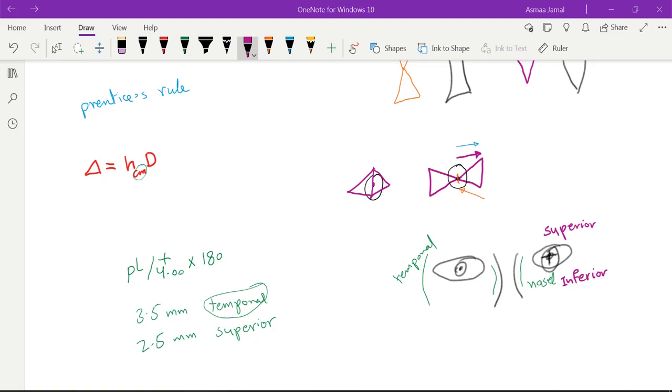Since in cylinder we have the power perpendicular to the axis, that means on the horizontal meridian we don't have prism power. But for the vertical meridian, the decentration superior is 2.5 millimeter.